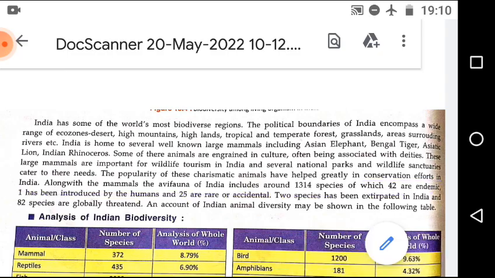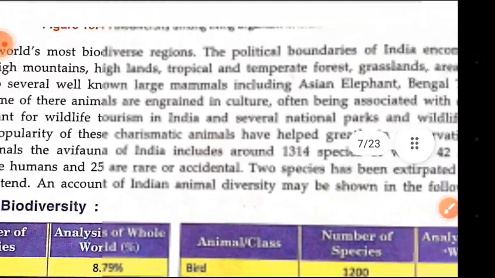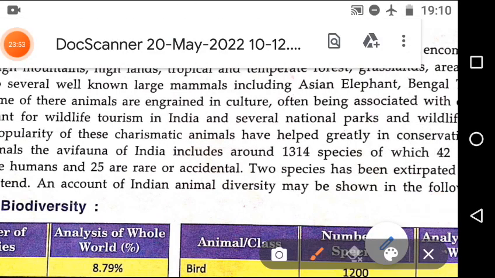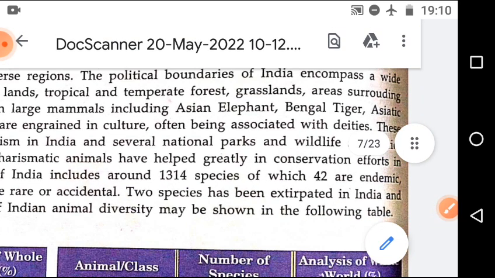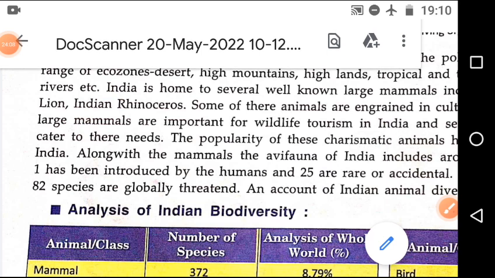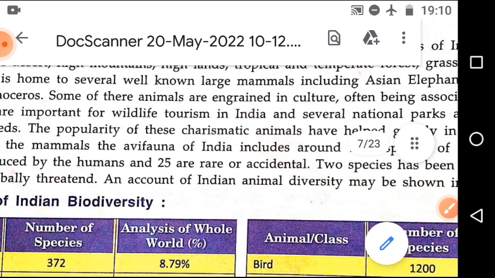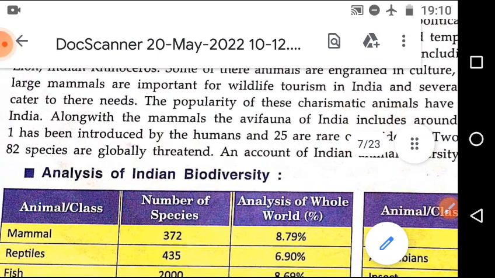That means the bird species found in India number about 1,314, and out of which 42 are endemic. That means they are in danger of extinction. So in this way you can see that India is a mega biodiversity nation.